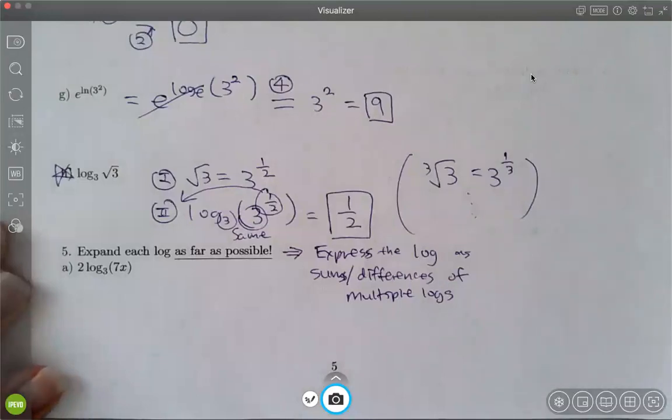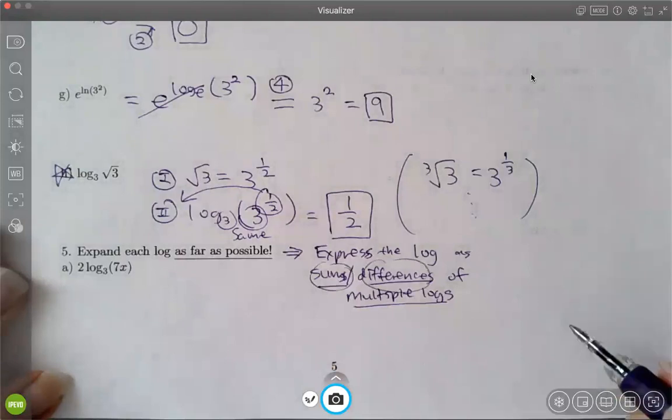So here the key is sums and differences of multiple logs, and hopefully that reminds you why rules 5 and 6 have to come in. Part A, 2 times log base 3 of 7x. Remember, we have to see sums or differences, and at this point we don't see any. So you have to ask yourself a deeper question: what can I do to have sums or differences?